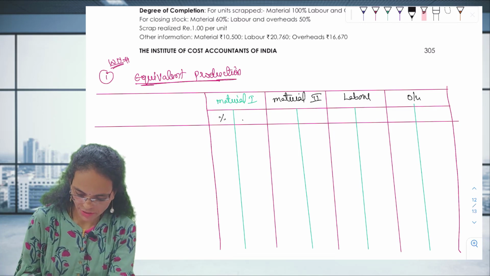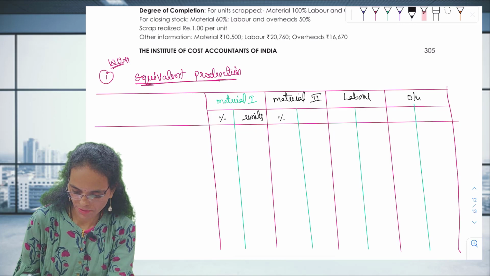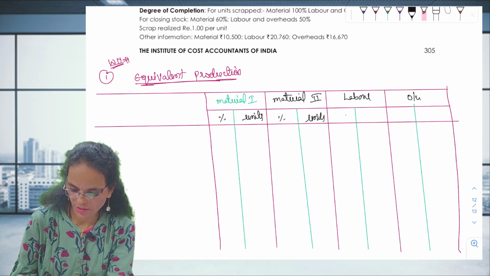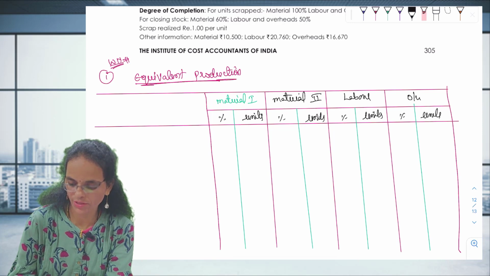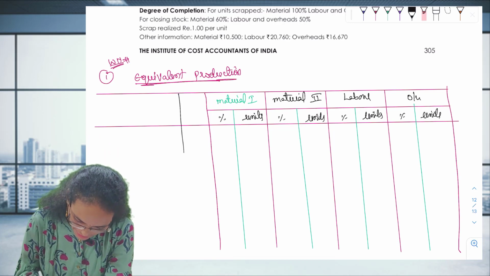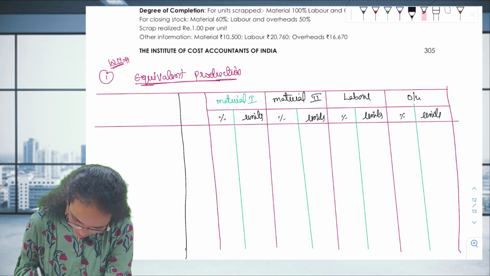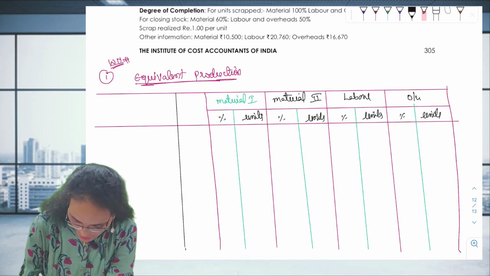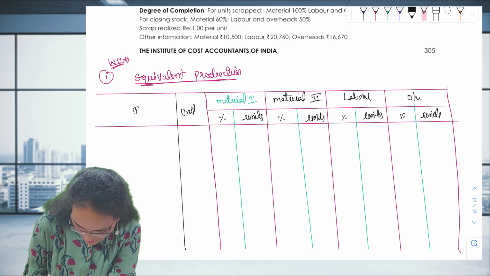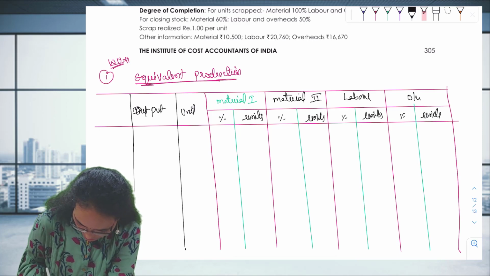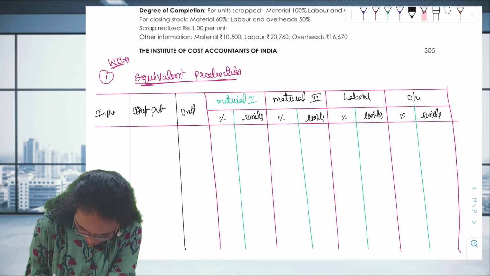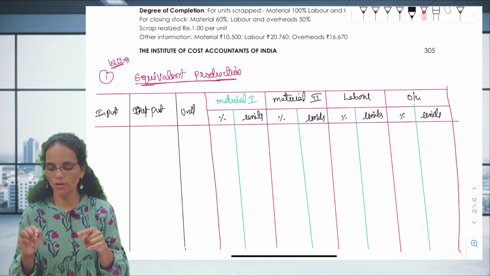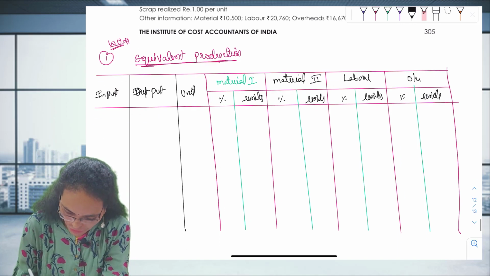So this is the percentage, units, output, input. In the examination also you try to draw a diagram like this, a table.